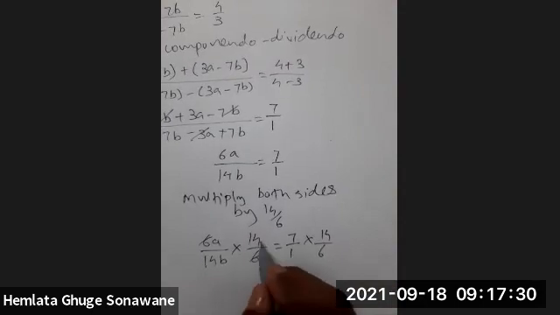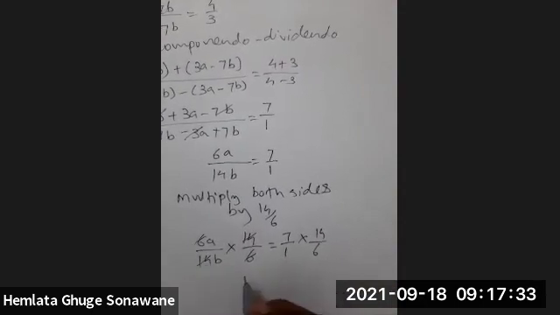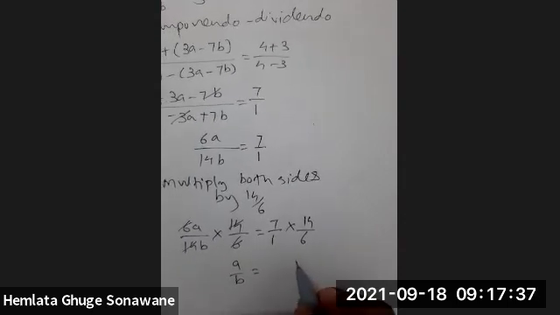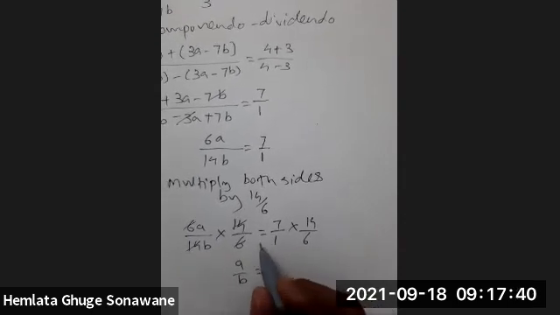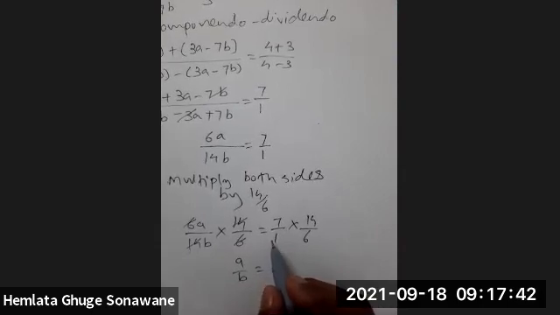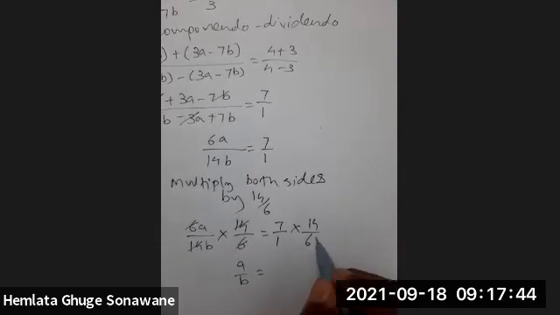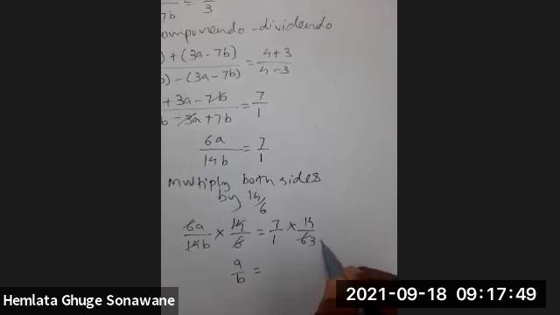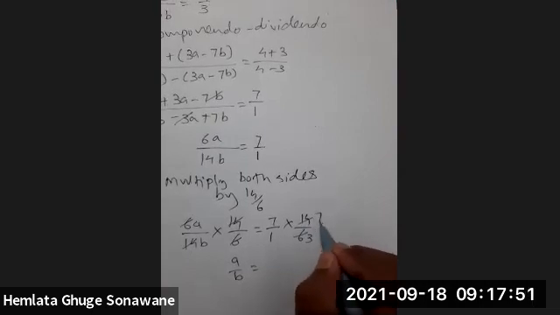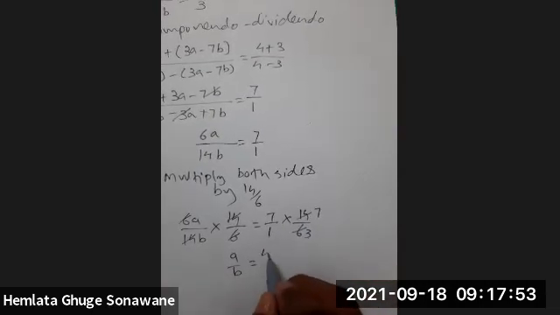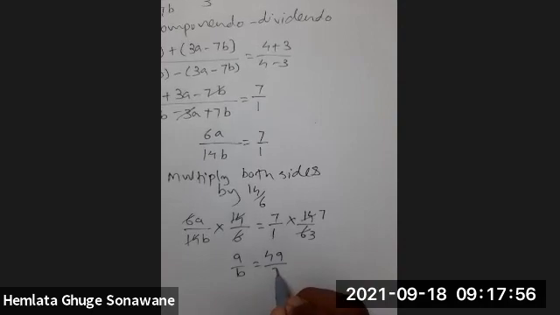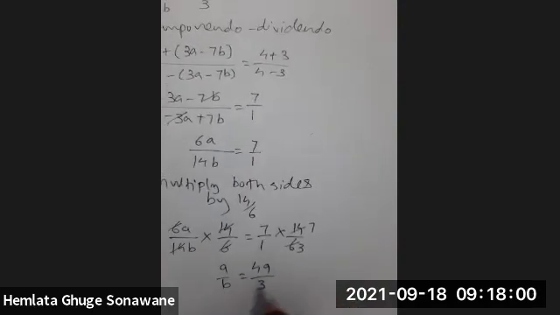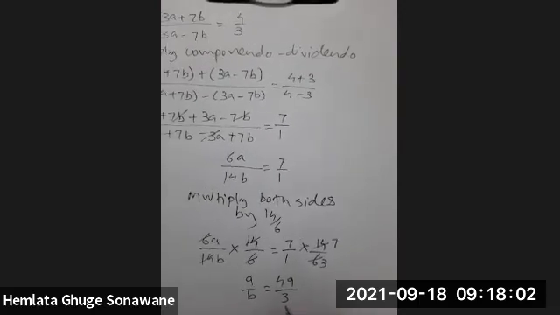This gets cancelled here. 14, 14 gets cancelled. So a upon b is equal to, we'll simplify here, 3 to the 6, 7, so 7 sevens are 49 upon 6. We have got the value of a upon b as 49 upon 6.